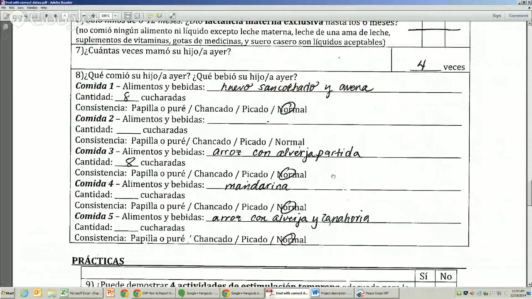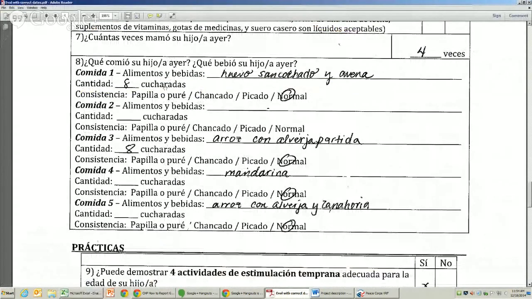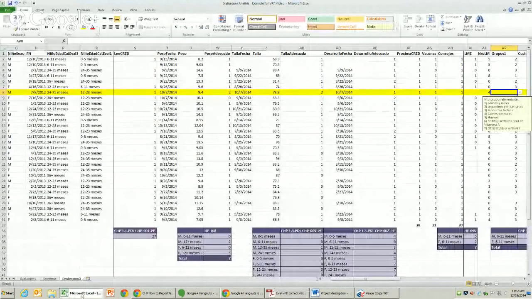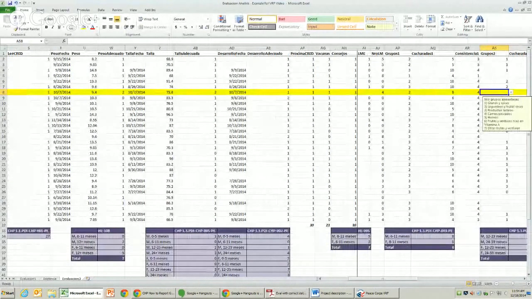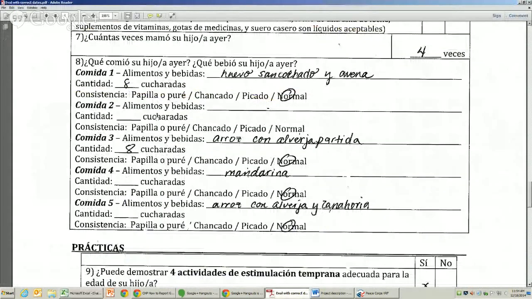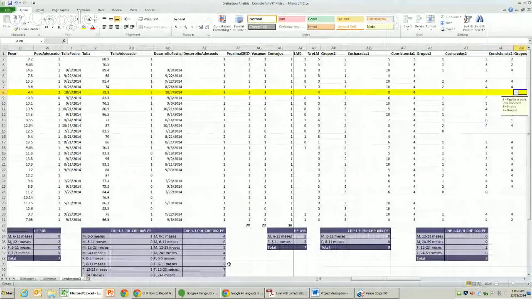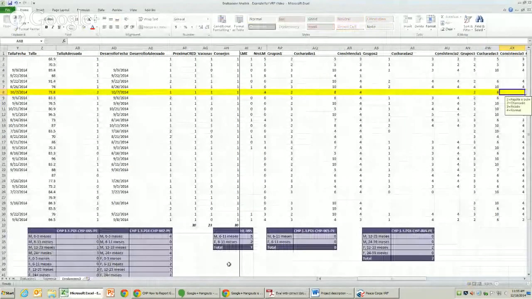Okay, first meal of the day had 2 groups, 8 cucharadas and normal consistency. So 2 and 8 and 4. The second meal was not filled in. The third meal is 2 groups, 8 cucharadas and normal. 2 groups, 8 cucharadas and normal.